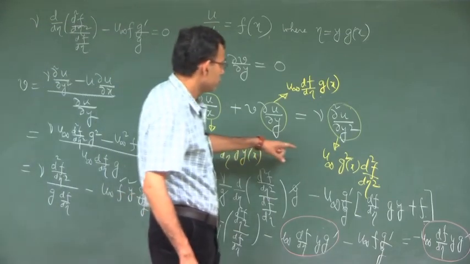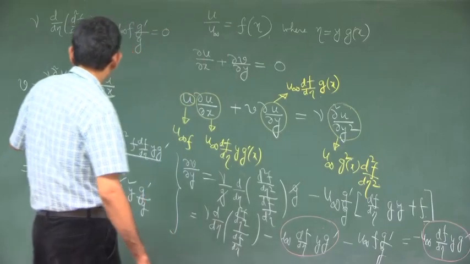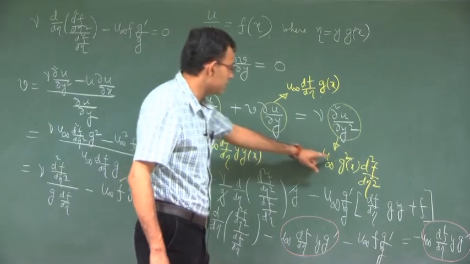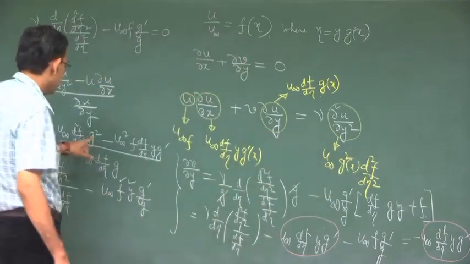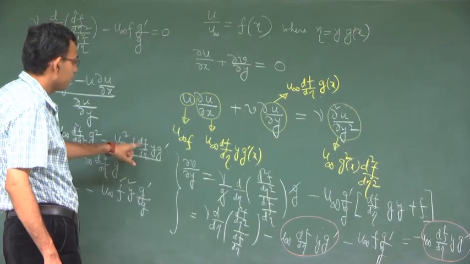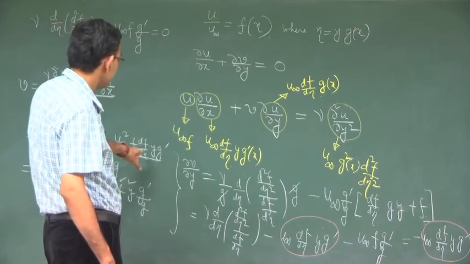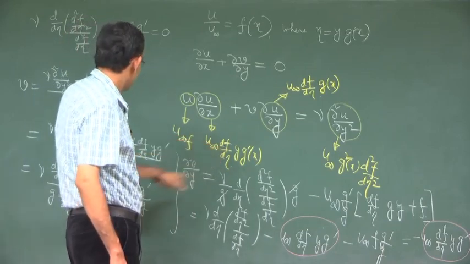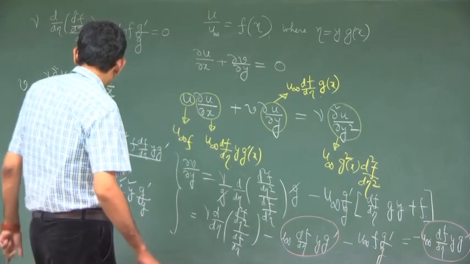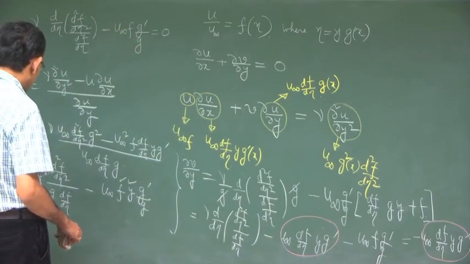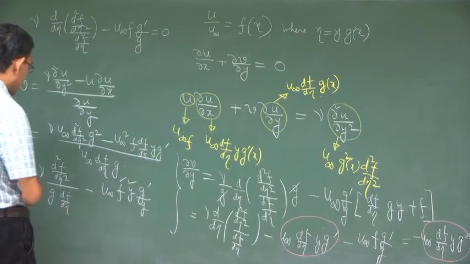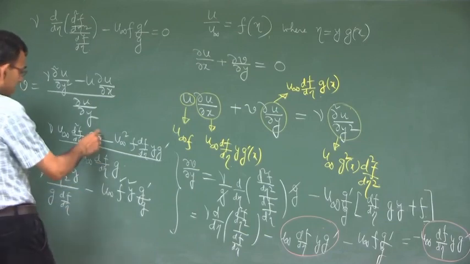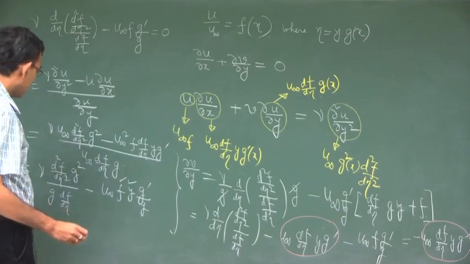So, nu d 2, so u infinity g square d 2 f d eta 2 minus u infinity square f d f d eta into y g dash by u infinity f. So, nu d 2 f d eta 2, yes, there is a g square here that was missing, right. There is a g square.